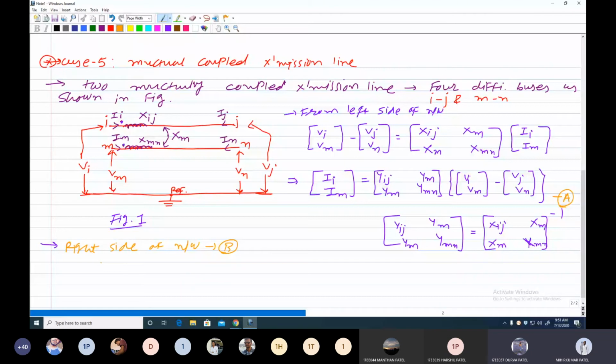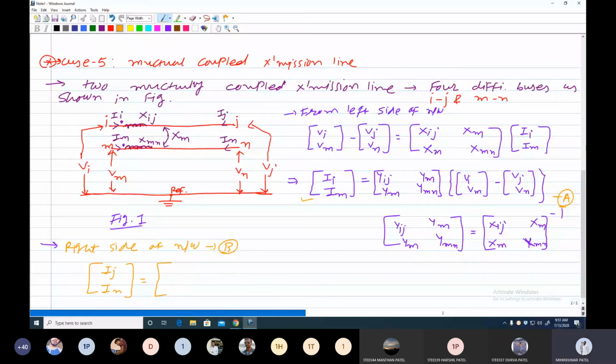Just directly write down the second equation. If you wish, you can write, but directly in terms of current, I'm asking. Yes? Ij and In, which is equal to the admittance matrix.